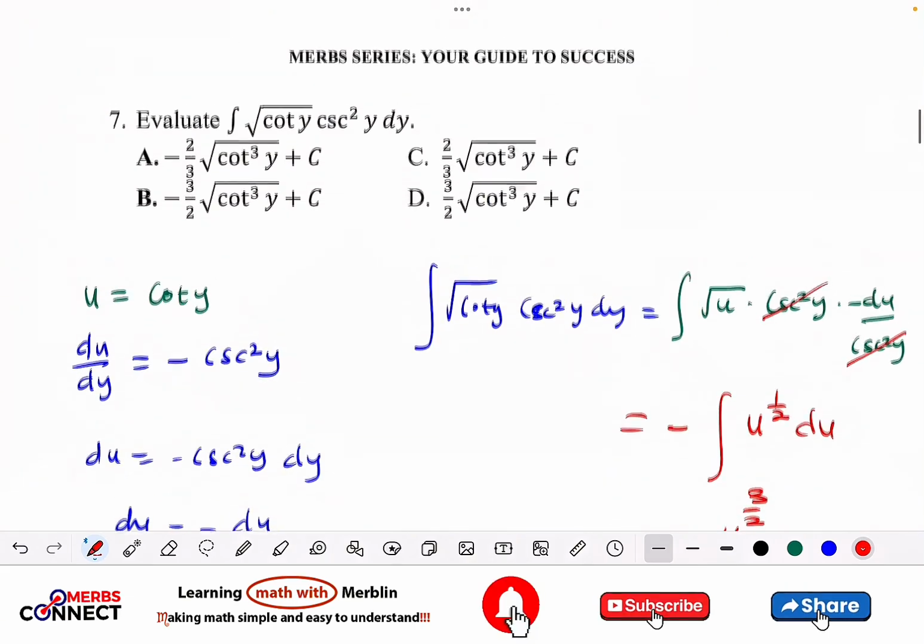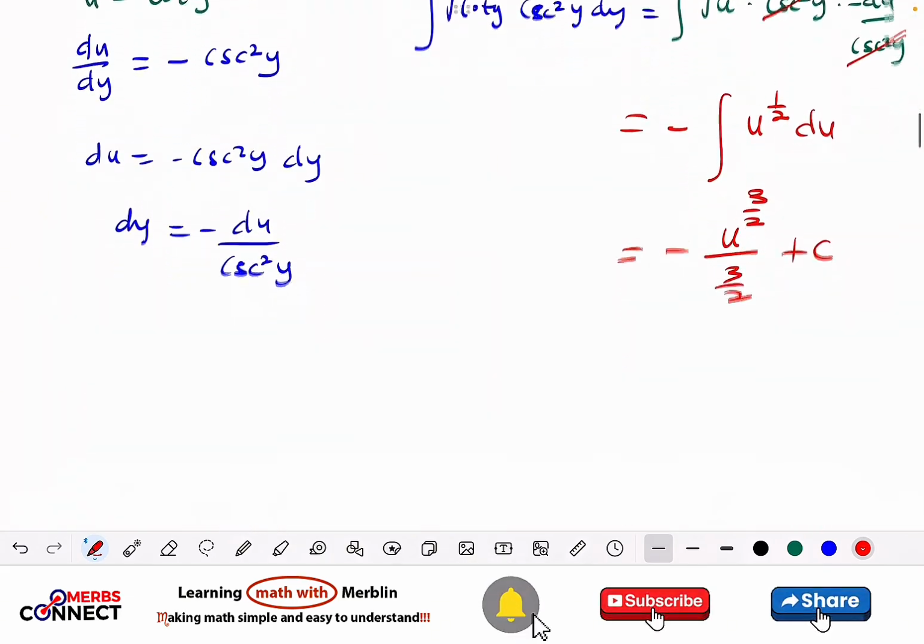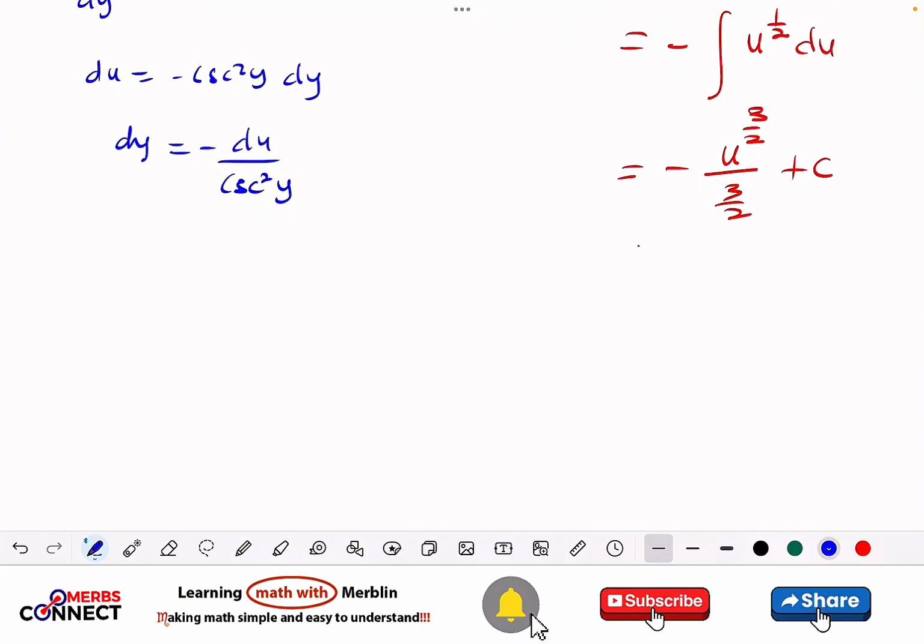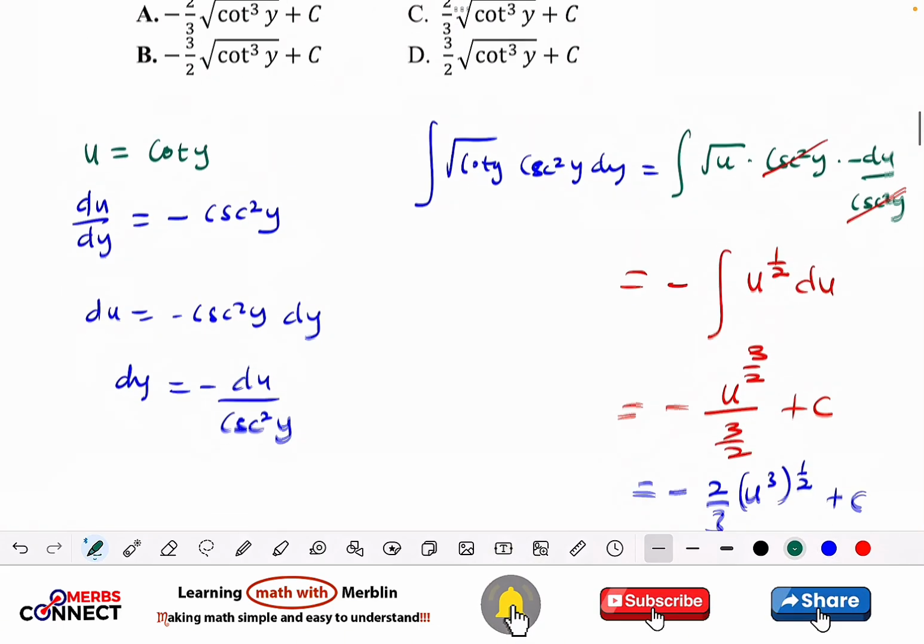Now let's try and do substitution back. So this is going to give us minus 2 on 3 because of 1 divided by this, and then u to the 3, all to the power 1 over 2. So I can write this one too as this, because of the solution, that's the reason why I want to do it this way. And then look at the solution here.